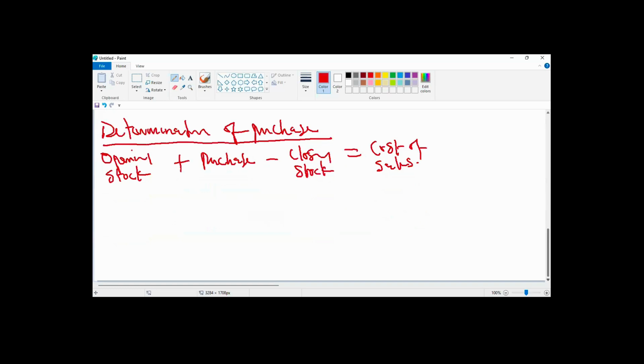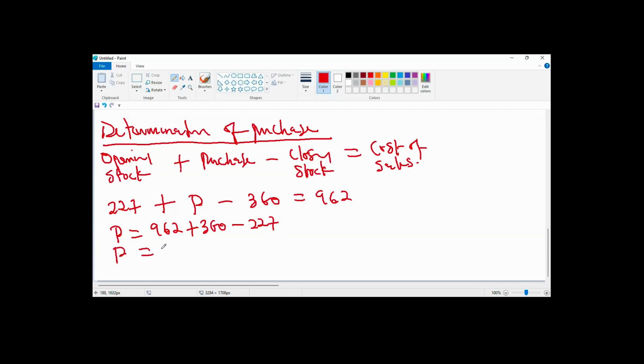So opening inventory is 227 plus purchases, which I'm looking for, minus closing inventory, 360, equals cost of sales, which is 960.